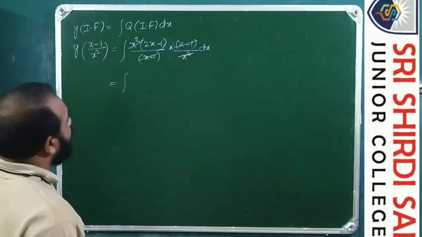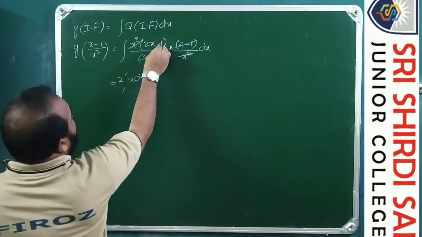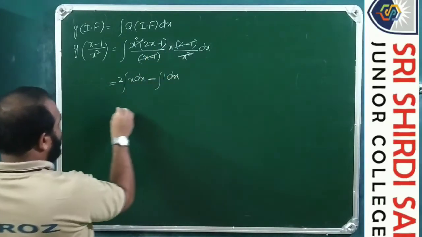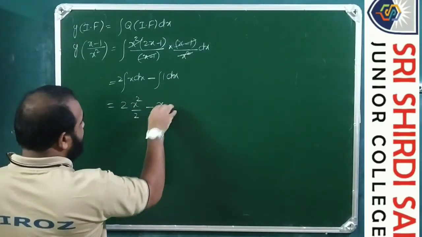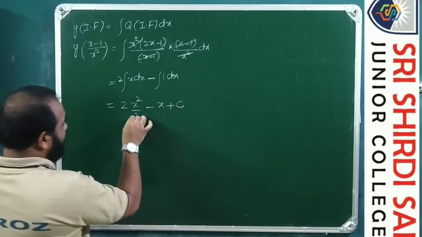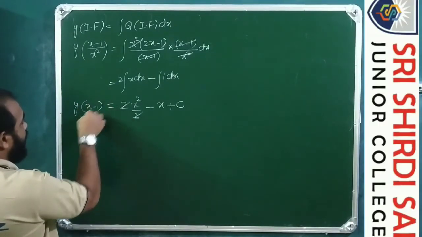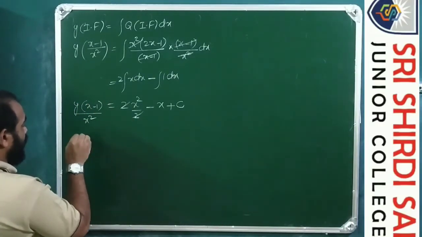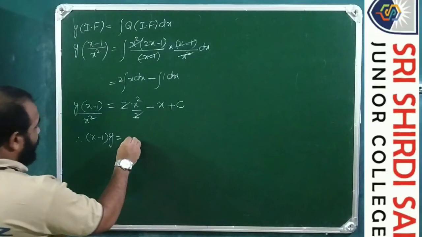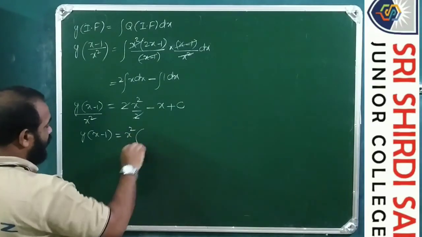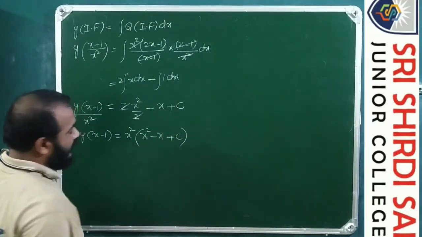So this is 2 into integral x dx minus integral 1 dx. This is equals to 2 integral x dx is x square by 2 minus integral 1 dx is x plus constant of integration c. This 2 gets cancelled. This is y into x minus 1 by x square. Therefore, x minus 1 into y is equals to x square minus x plus c is the required solution.